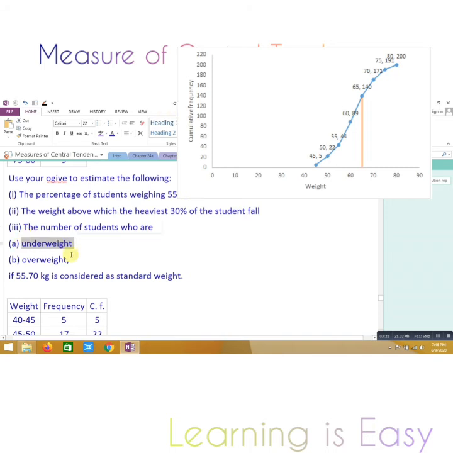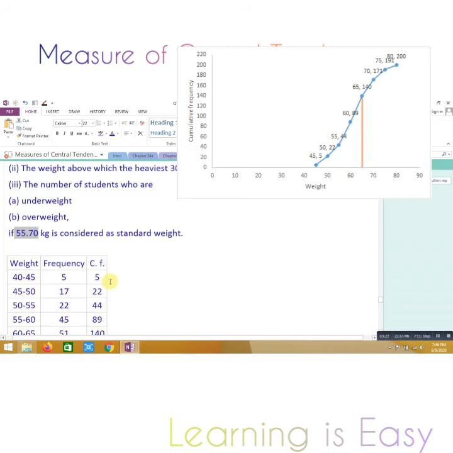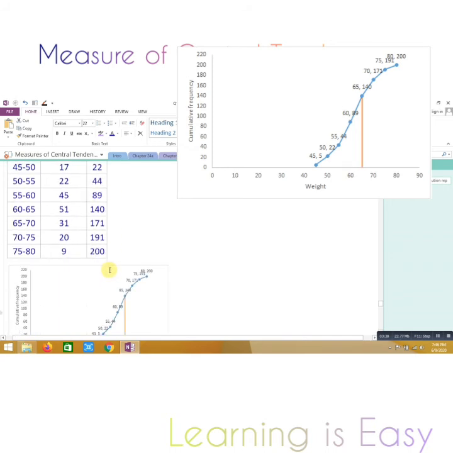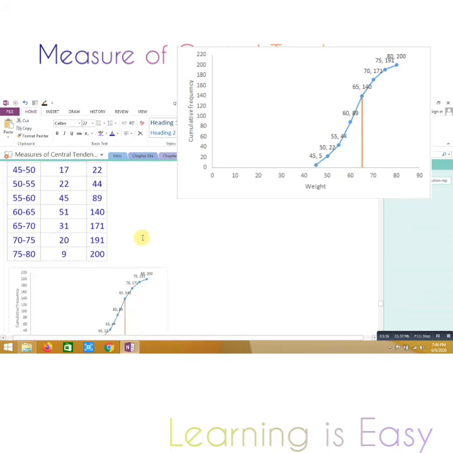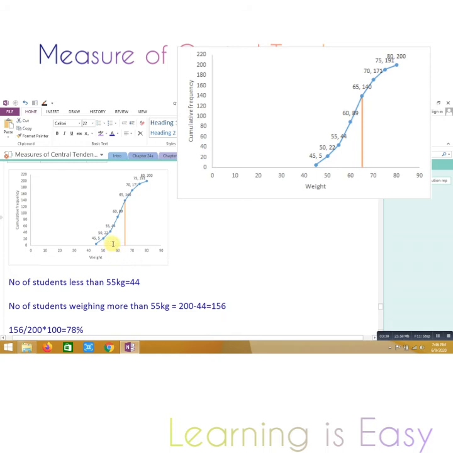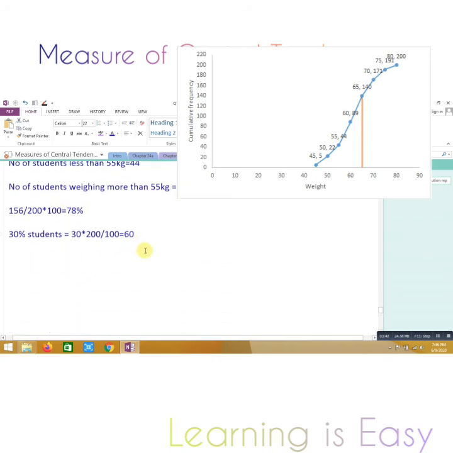Next we have to find the underweight and overweight. To compare this, we need a standard weight, and they have mentioned 55.70 as the standard weight. So with that standard weight, we can get the underweight and overweight. So underweight is 46 approximately.